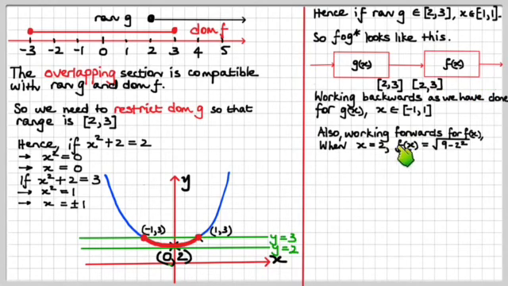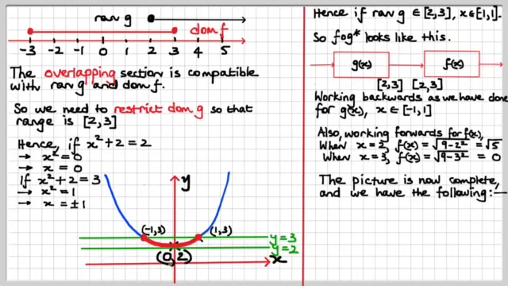F of x corresponding to when x is 2 would be the square root of 9 minus 2 squared, which would get you the square root of 9 minus 4, which would be root 5, yeah? Now let's do the same thing when x is 3. We know that in that case, f of x would be the square root of 9 minus 3 squared, which would actually be 0. So now we've got the range sorted, guys.